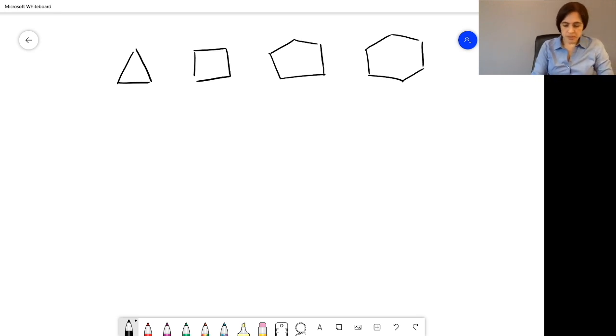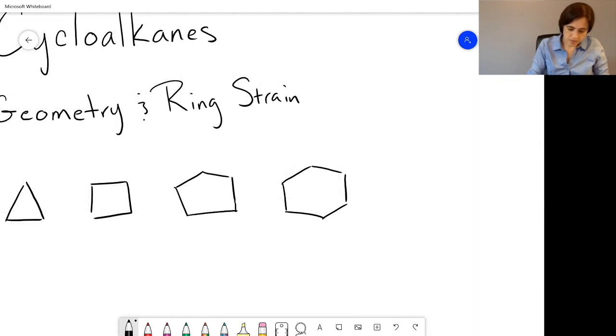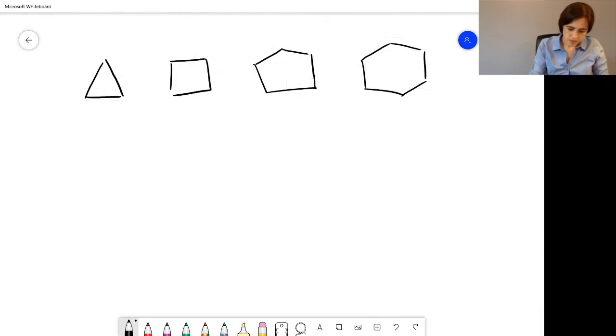So let's talk about what these would look like if they were flat structures, right? So let's get that back up here. All right.